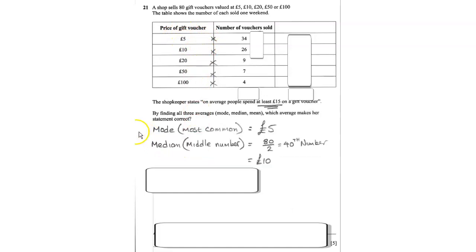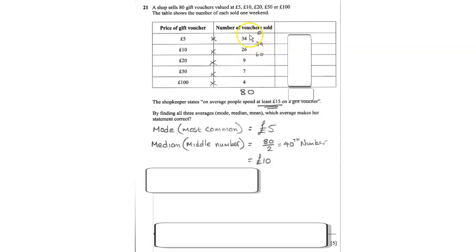Next one is median, which is the middle number. So what we've done is we've added the frequency up, which is 80, and halved it to find the middle number, which then becomes, we're looking for the 40th number. So we can keep adding until we find roughly where the 40th number would be.